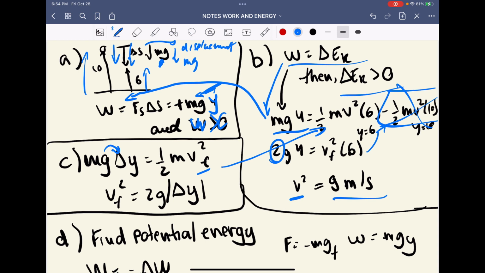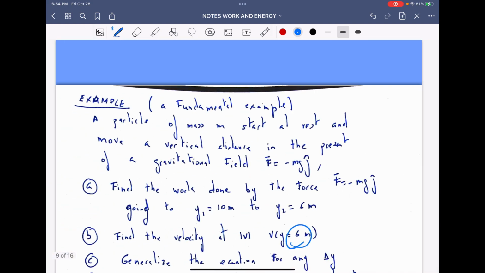And we can also tell that v squared final is going to be equal to 2 times g times the magnitude of delta y.